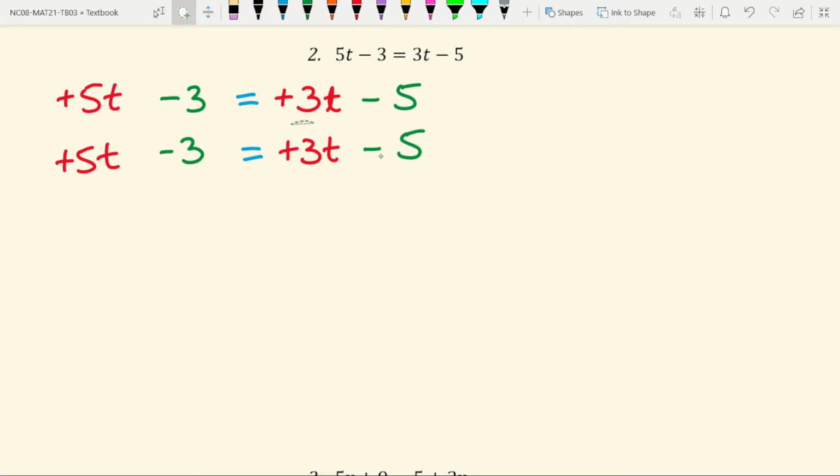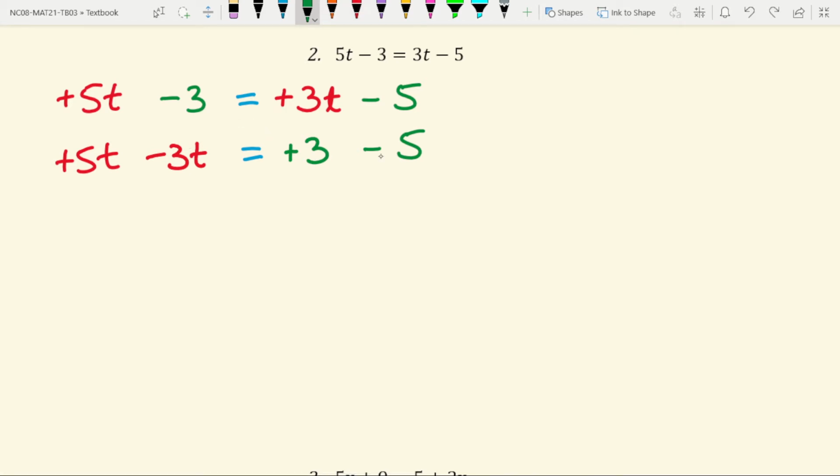I have to shift this plus 3t to the left hand side, and I have to shift minus 3 to the right hand side, and while transposing we have to change the symbols. So plus 3t will become minus 3t, and minus 3 will become plus 3. While transposing we have to remember to change the symbols.